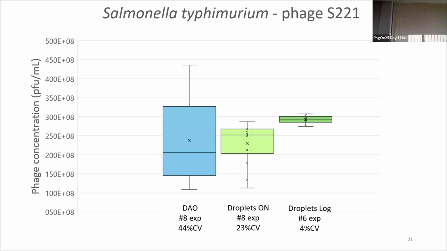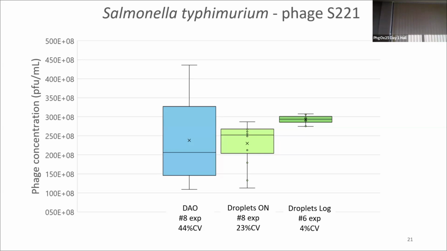If we then do the droplet experiments with bacterial cultures we cultured overnight, we get a variation of 23%. But if we go to making droplets with logarithmic cultures, we end up with a coefficient of variation of 4%. So that's well below the industrial accepted standard of 15% you need for a biological assay.